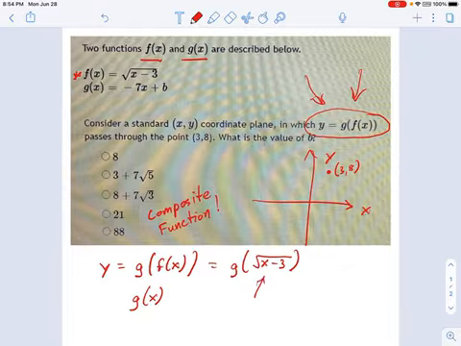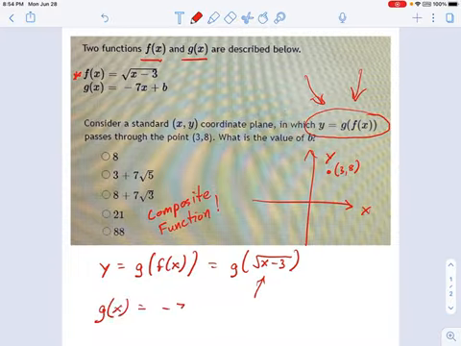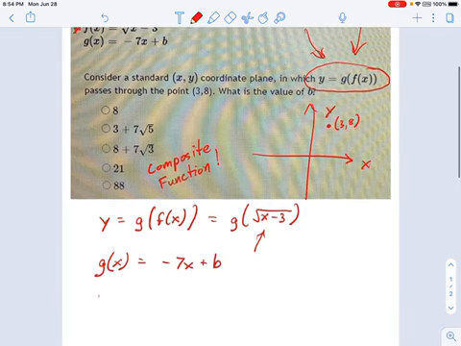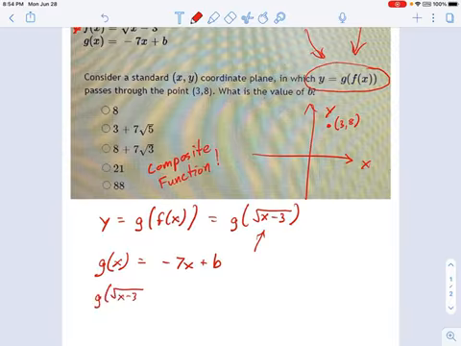So what I'm going to do is write the g equation. Remember what that is? G of x equals negative 7x plus b. I'm going to take this equation, and everywhere I see x, I'm going to replace it with the square root of x minus 3.